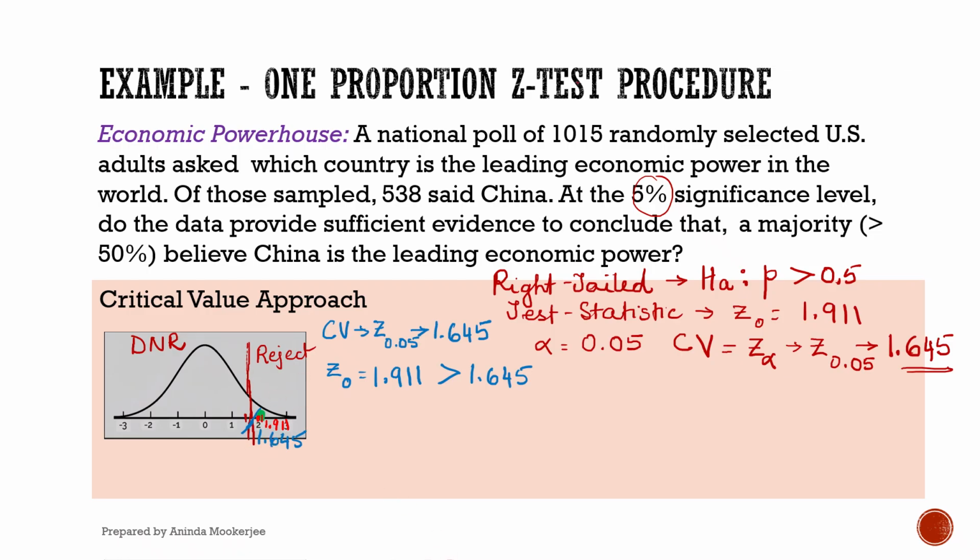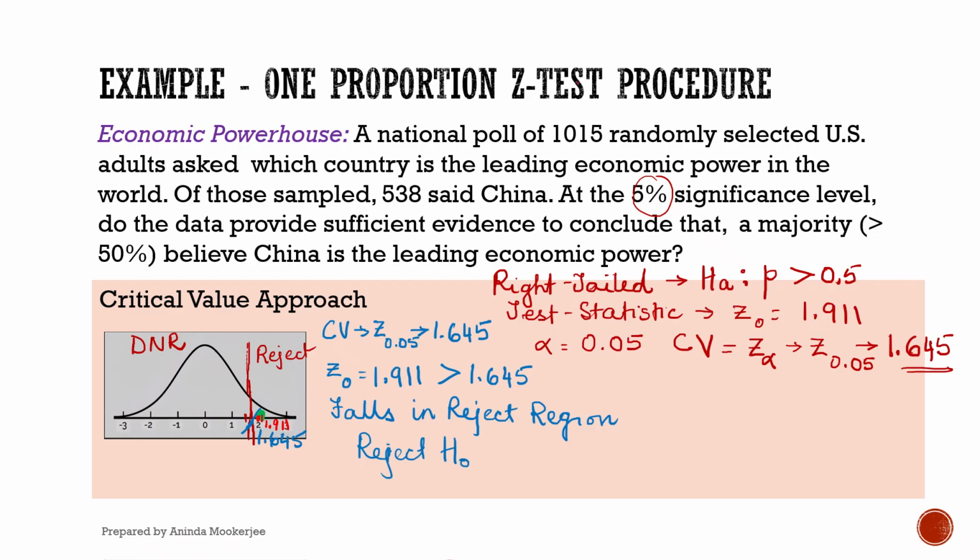So you have to write that as well, showing your work, because we want to see whether you understand the approach. So it falls in the reject region. Therefore, your decision will be to reject the null hypothesis.